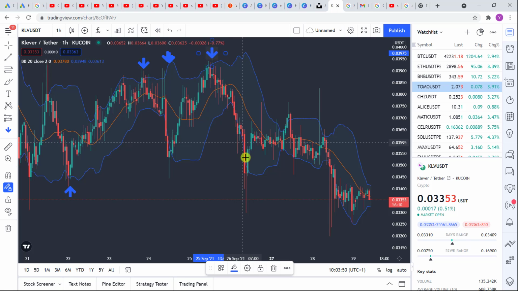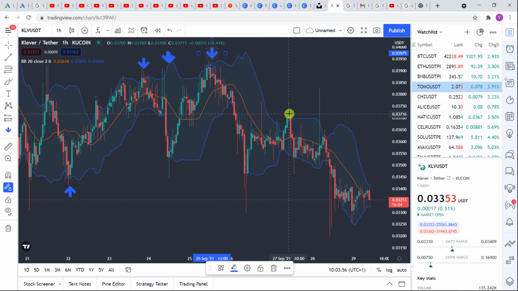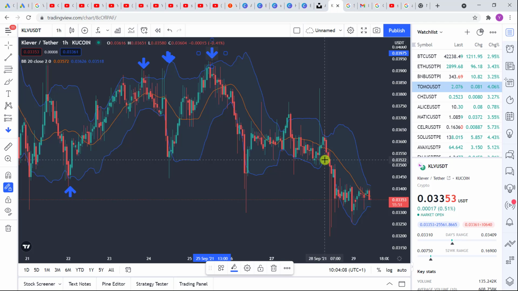And from this particular point down here, we can see that the market tried to move up, but not quite long before it gets rejected at that particular point. So the channel alone is telling us whether the market is in an uptrend or in a downtrend. One thing again we need to understand is that the price will try as much as possible to stay within the band.